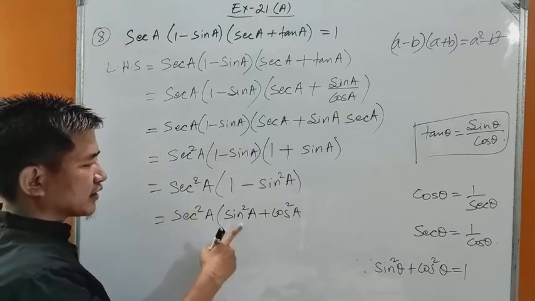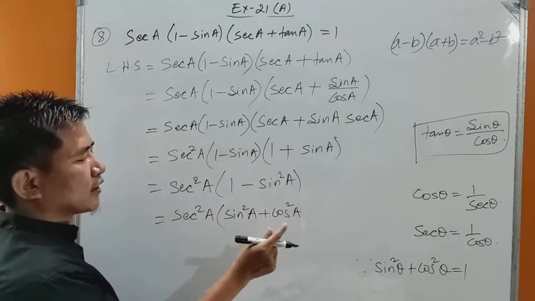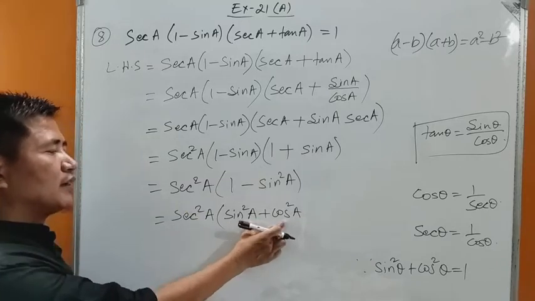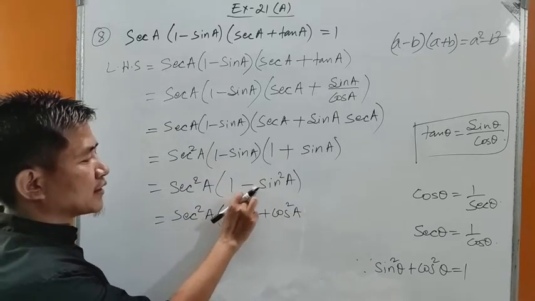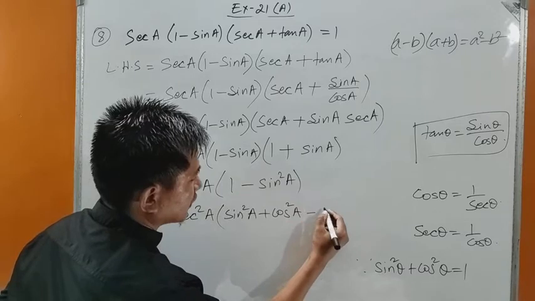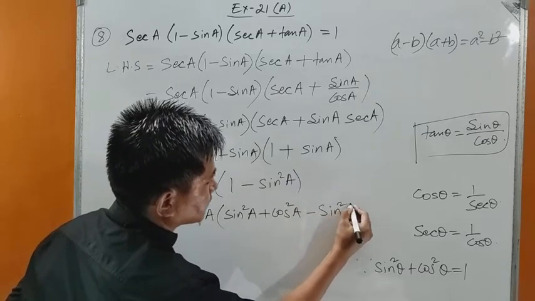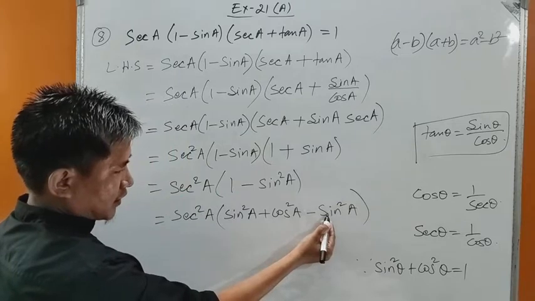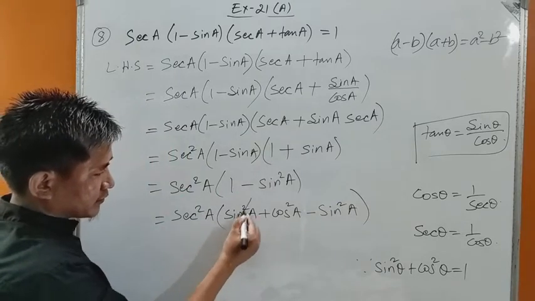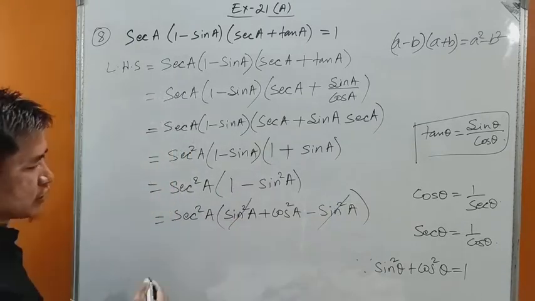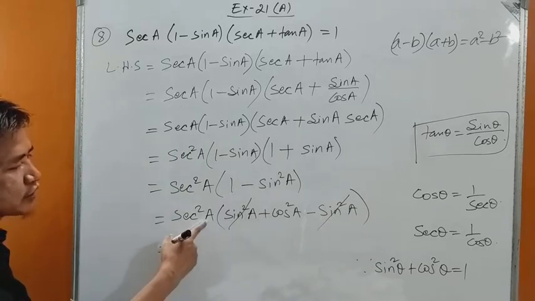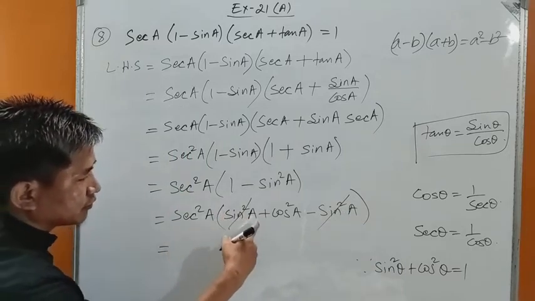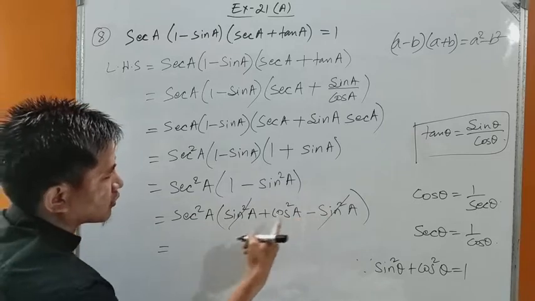Sin square A plus cos square A gives us 1. This minus sin square A we write as it is. Now this minus sin square A and this plus sin square A cancel out each other, isn't it? So we have sec square A into cos square A, because these two are gone.